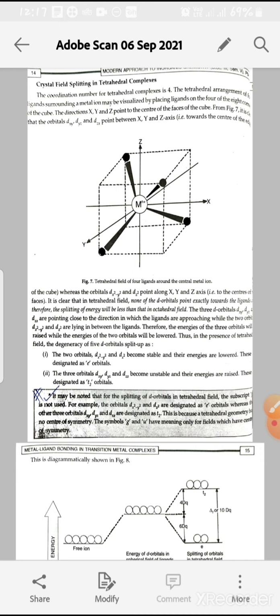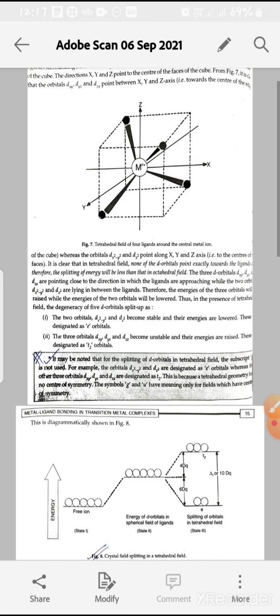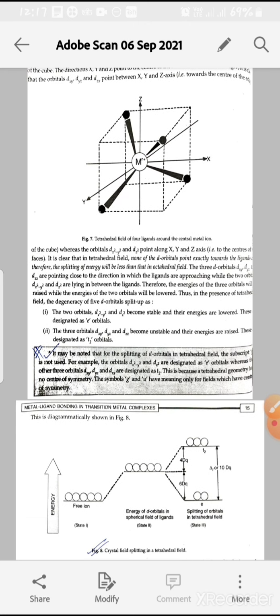None of the ligands point exactly towards these orbitals, but dx square minus y square and dz square are in between the ligands. None of the ligands are present along dx square minus y square and dz square, so there will be less repulsion and a decrease in energy.